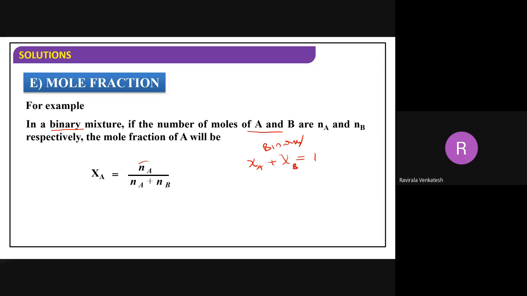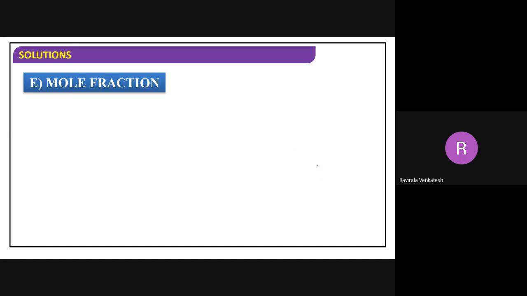So mole fraction of A is the number of moles of A divided by the total number of moles. Mole fraction of B is the number of moles of B divided by the total number of moles, A plus B. These formulas will be useful for you to calculate problems.